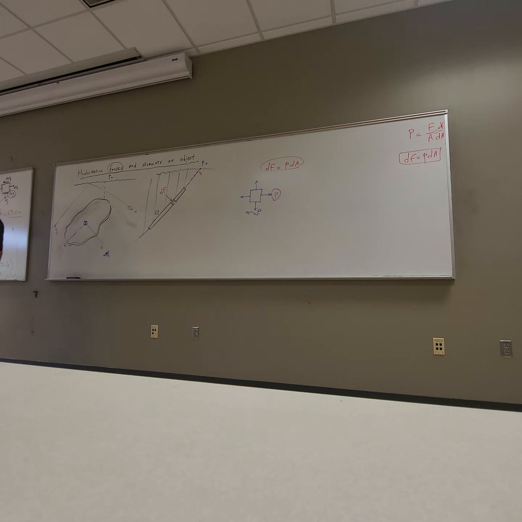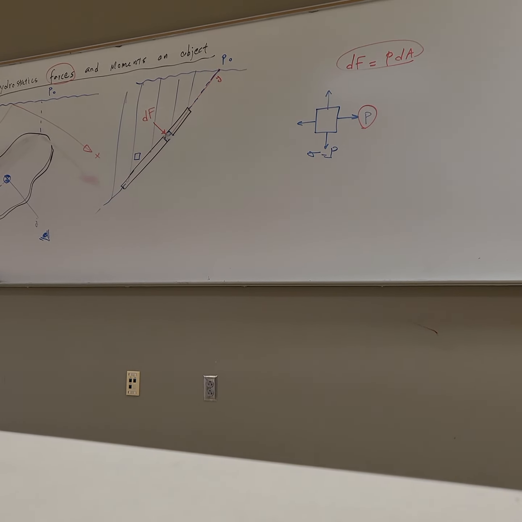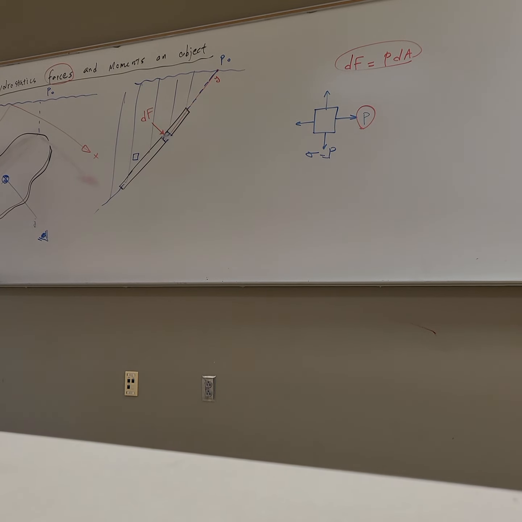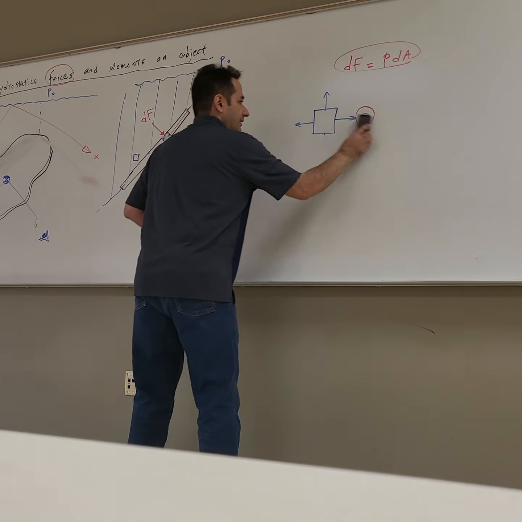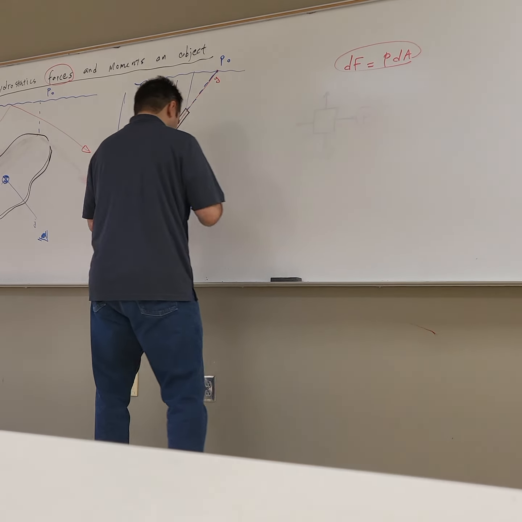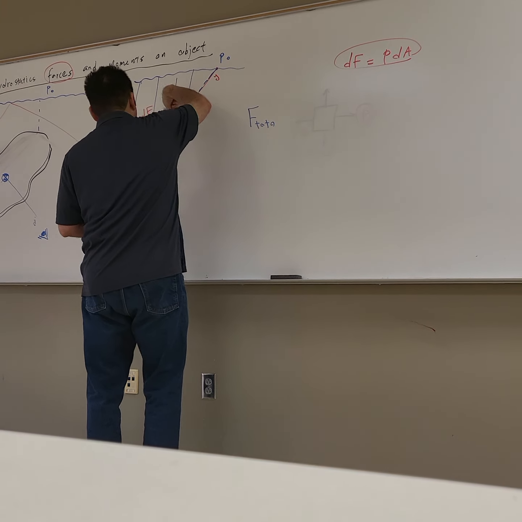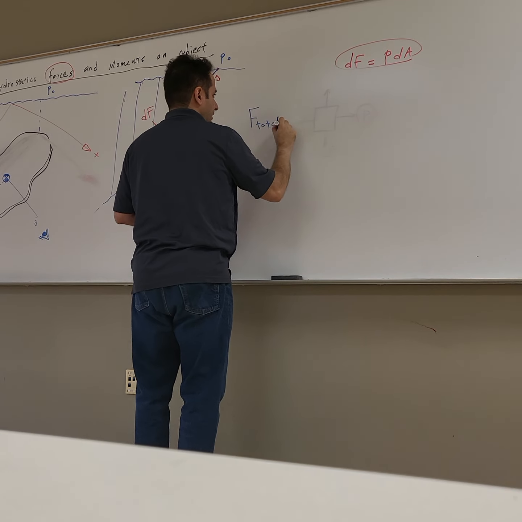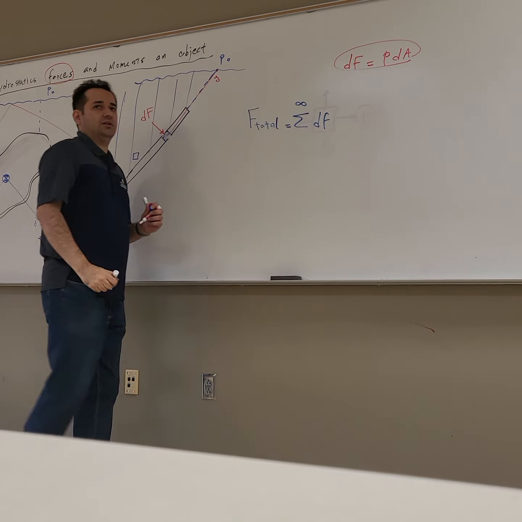How many dF do I have? 1 dF, 2 dF? Infinite. So if you want to find the resultant force, you have to sum all these dF, which I'm doing here. So the F total normal to the plate is the sum of all these dF to infinity, right?